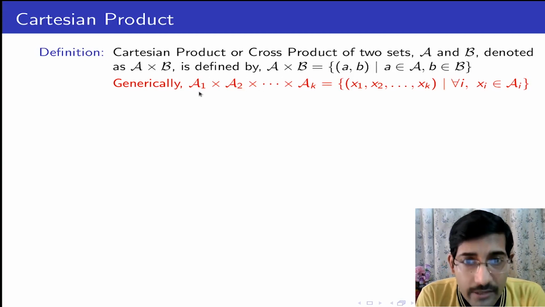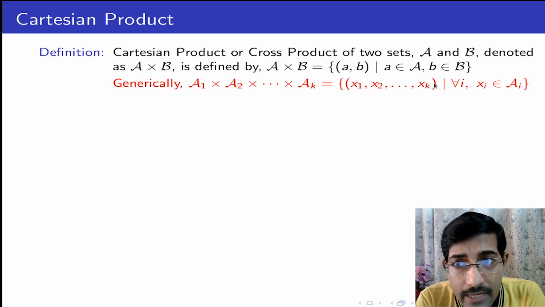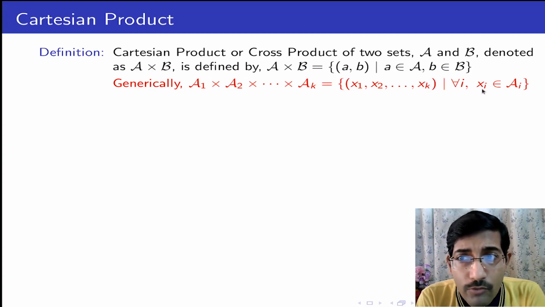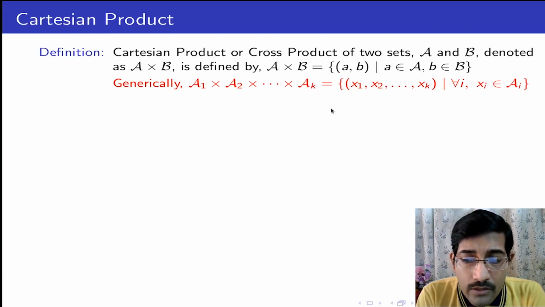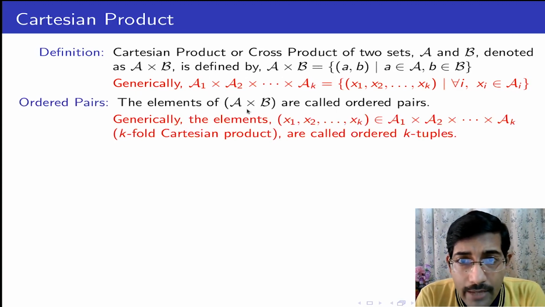In general, we say that we have a k-fold Cartesian product if we can define the set of k-element tuples (x1, x2, ..., xk) where each xi belongs to Ai, each of these sets. By terminology, we call the elements of A cross B ordered pairs.